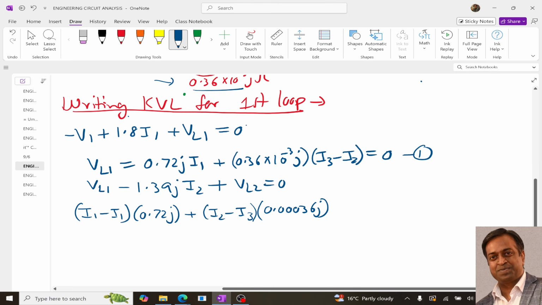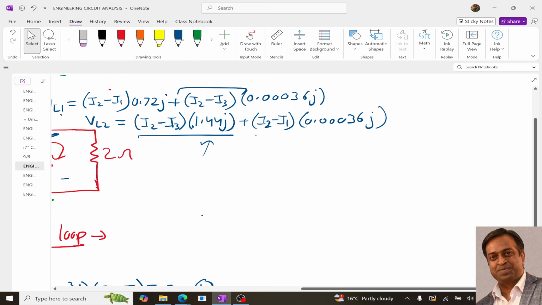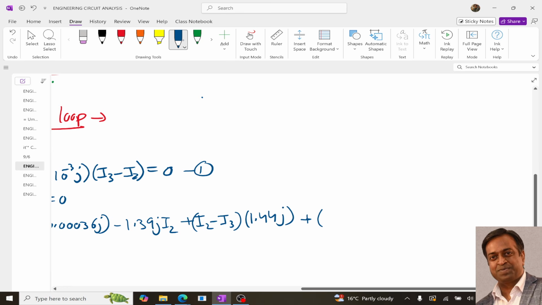Then this term, minus 1.39 J I2. And then for VL2 we have this. So it is I2 minus I3 into 1.44 J, and then I2 minus I1 into 0.00036 J, right, equals 0.